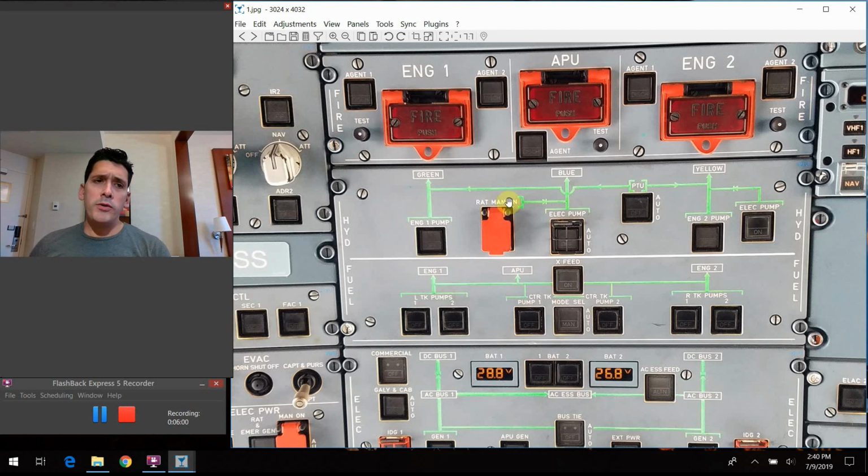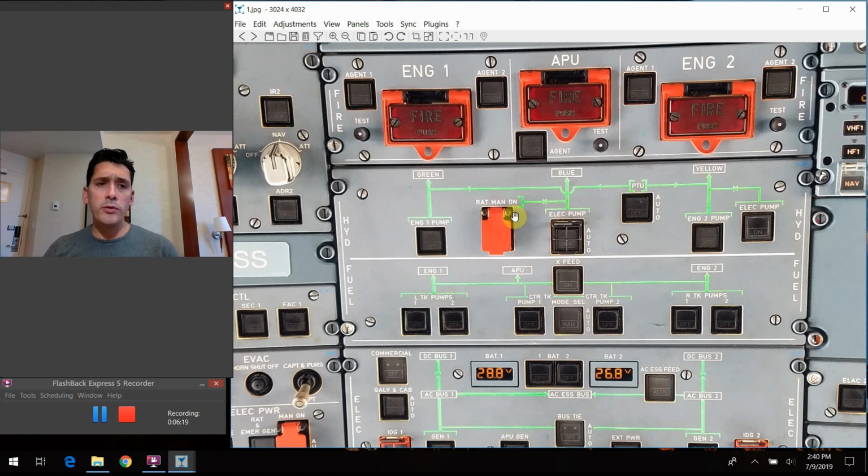And one other thing to point out while we're at the switch and talking about it: the automatic deployment of the RAT in the hydraulic case, the loss of blue hydraulic pressure, does not happen automatically. Now that contrasts to the situation where we're talking about electrics.